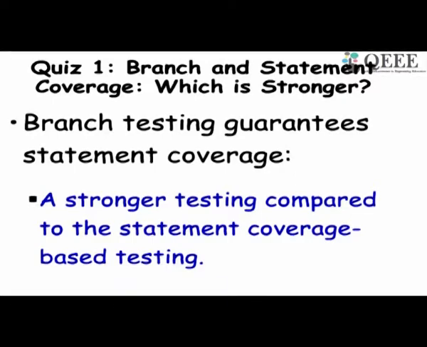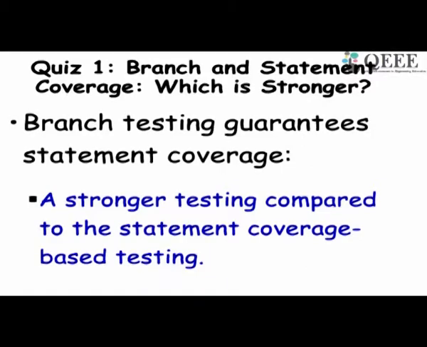How do we show that? Can anybody suggest how we show branch testing is a stronger testing than statement coverage? In other words, we have to show that branch testing will ensure statement testing, but statement testing cannot ensure branch testing.